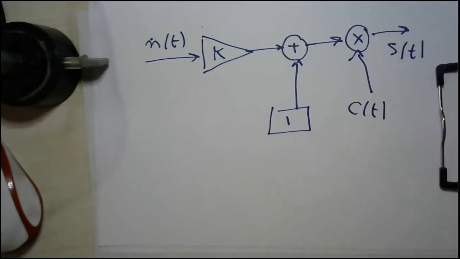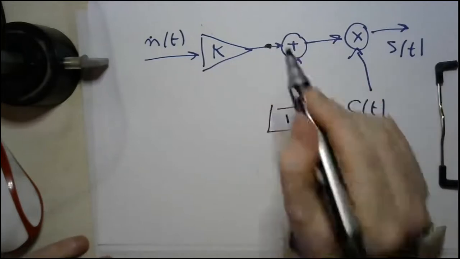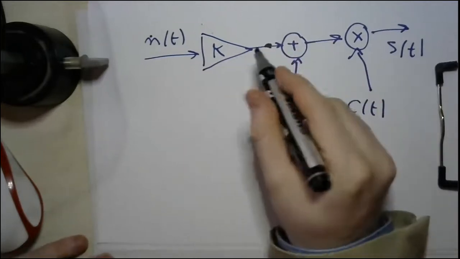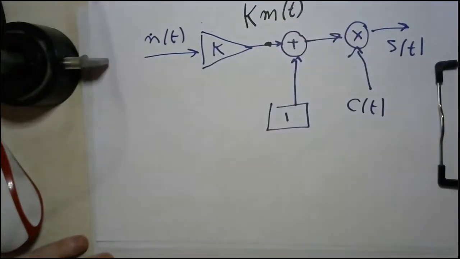Let's now start to examine the mathematics of this modified block. We have this constant called k. So at this stage, the message becomes k times m(t).